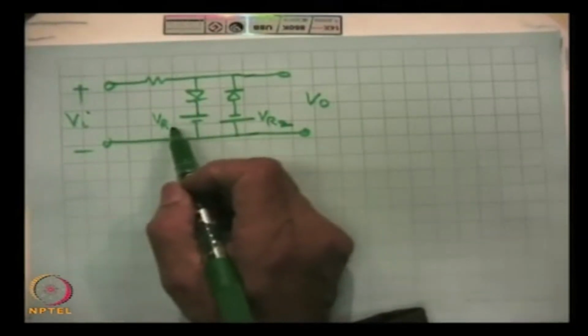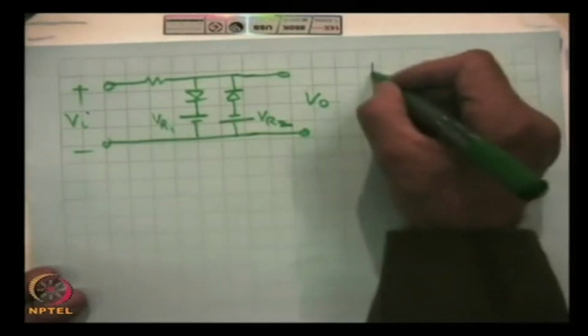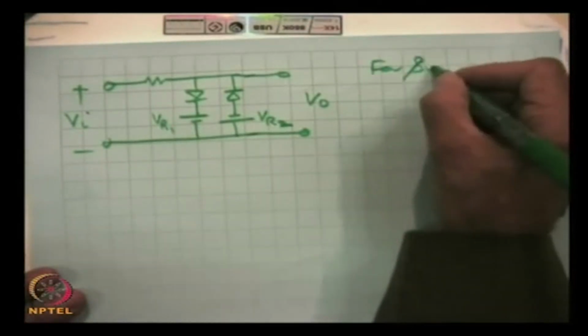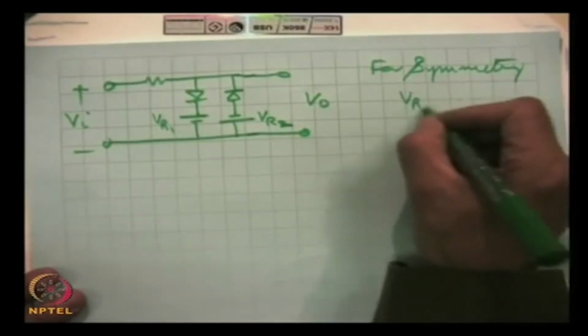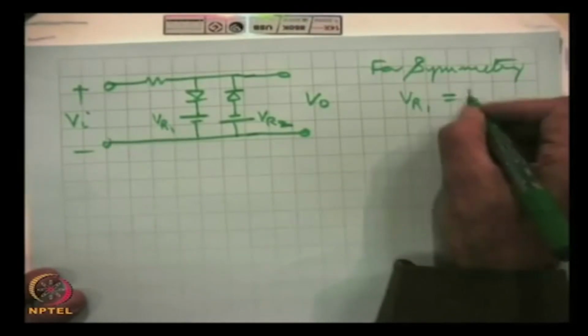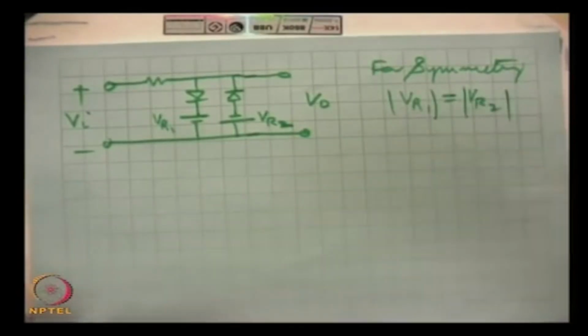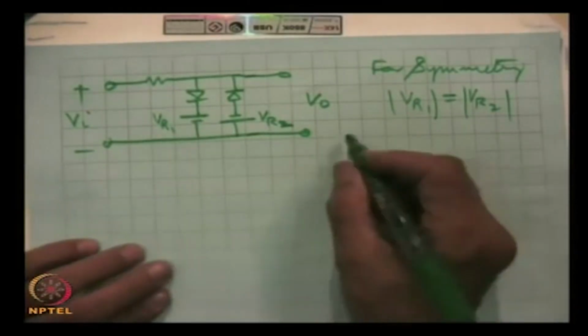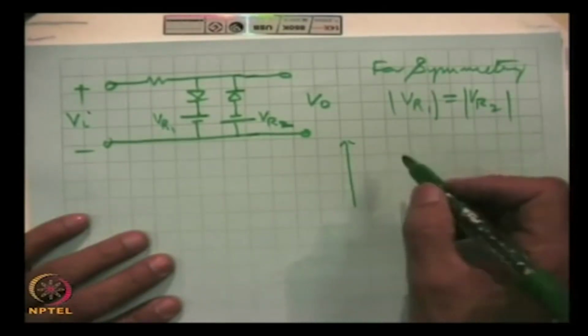If we want a symmetric wave shape, then for symmetry the magnitude of VR1 has to be equal to the magnitude of VR2, and in this case the output wave shape for the symmetric case will be this.